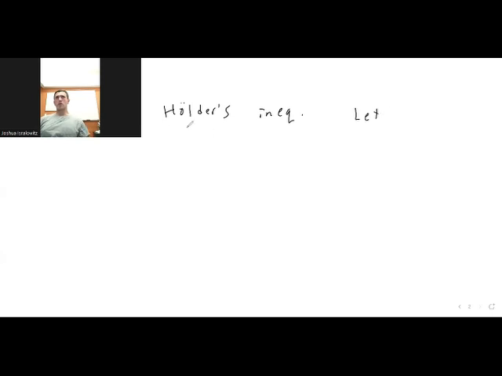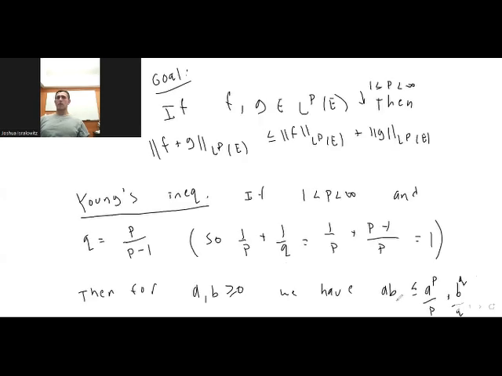So what's Holder's inequality? Let's say p is between 1 and infinity, it could be infinity. So one thing also, if p is infinity, it kind of makes sense to think of q as 1.